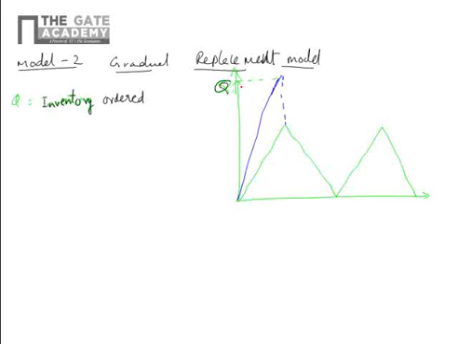That value is Q. But while ordering, it will be consuming also. That's why the resultant inventory level reached in the system is this triangle top.